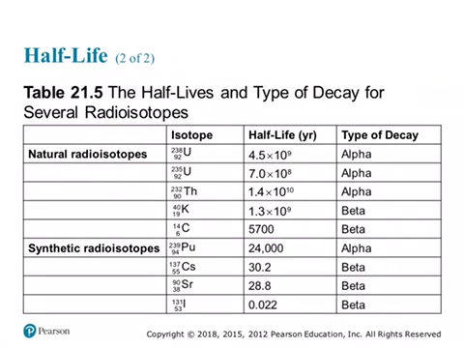This is just a list of examples of natural isotopes, their half-life, and their decay mode, followed by synthetic isotopes that were produced by possibly bombarding natural isotopes and turning them into something else, their half-life and their decay mode.